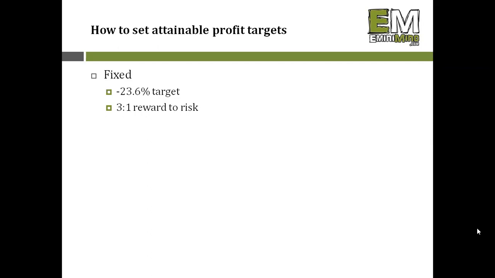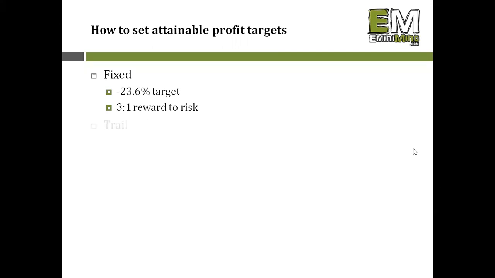So having a fixed target, let's say you've got 3 contracts and you're going to take one off at the negative 23%, and let's say you do have some smaller first target of 3 points, sticking with the 3-point stop example. Well, that leaves you a contract that you can have some flexibility with in trail.